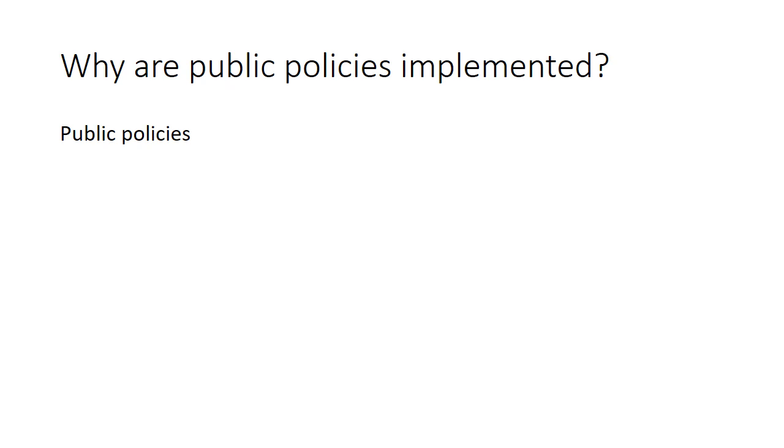Then comes basically the question, why are public policies implemented? Why are they made? They are made for the betterment of the people. They are made for the prosperity of the people of the concerned department.